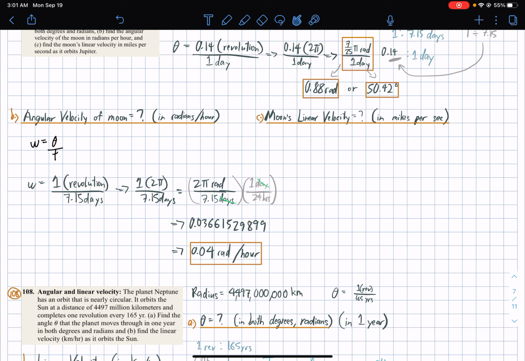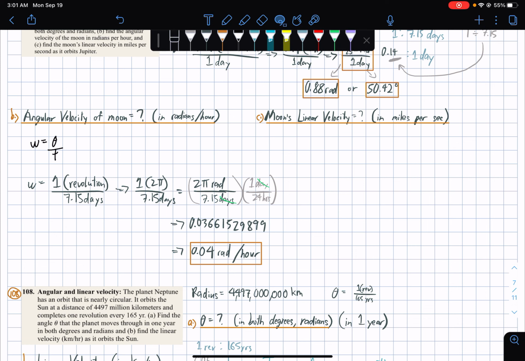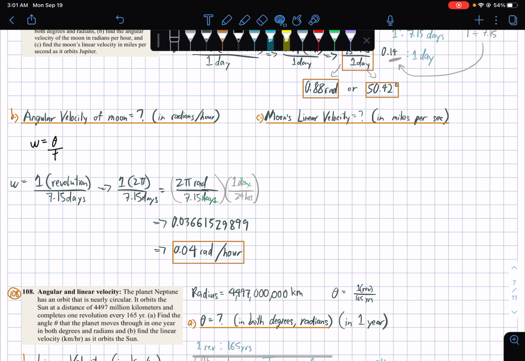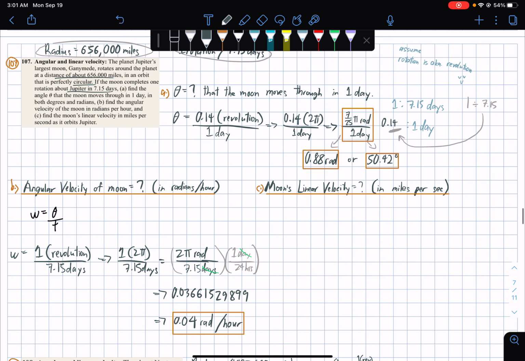Yeah. Okay, we're almost done. Oh yes, we're almost done. Let's go. Letter C, the moon's linear velocity in miles per second. The linear velocity formula is this one, and our radius is 656,000 miles.